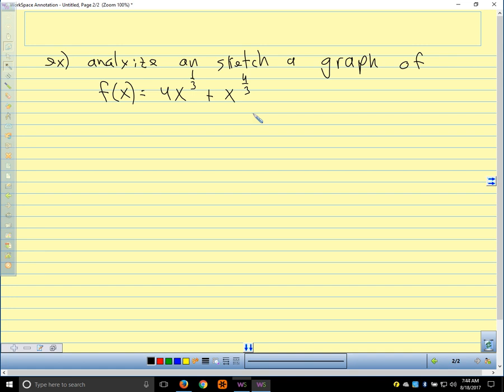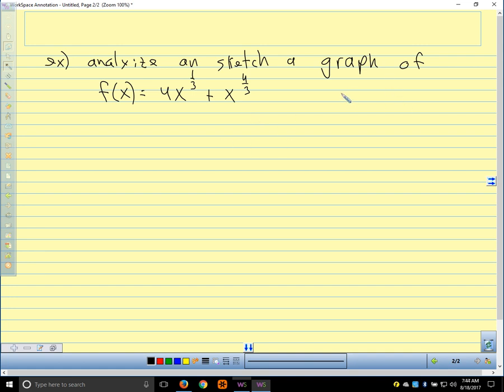All right, a couple of things that we can see right away here. What's really easy to see? What point is this function going to go through? 0, 0. We can see that really easily. So we know that we have an intercept.